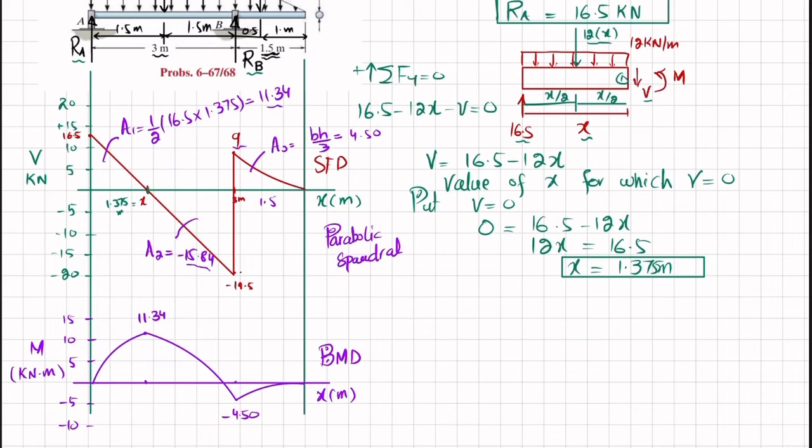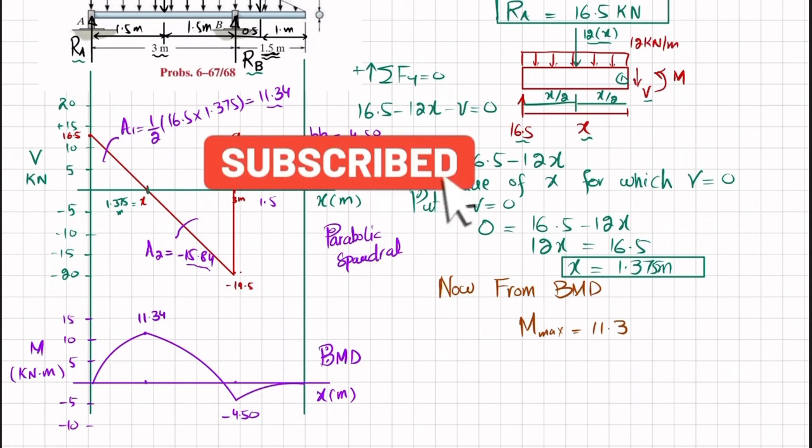Now from the BMD, bending moment diagram, we can see that maximum bending moment is equal to 11.34 kilonewton meter.